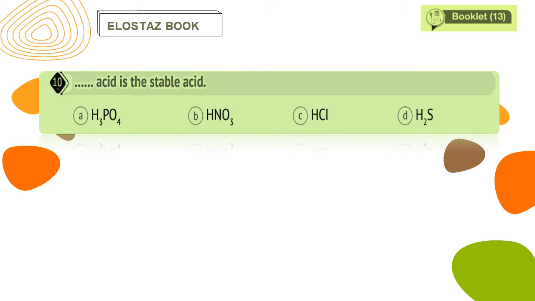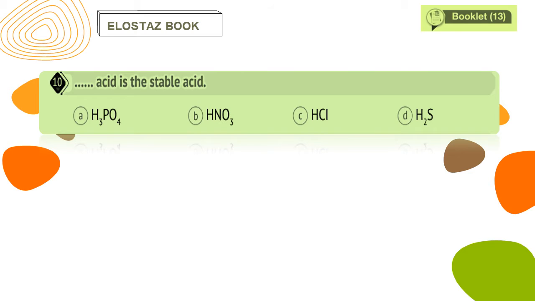Question 10 says, which acid is the stable acid? We want the stable one. We will make a comparison here, as we studied before, since it is accumulative knowledge. We have different acids, and the last one is a gas: hydrogen sulfide, H2S.